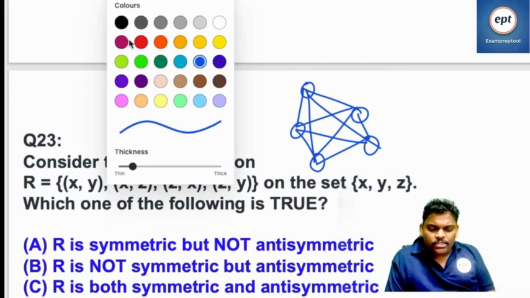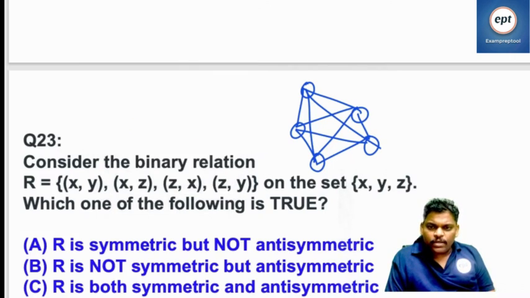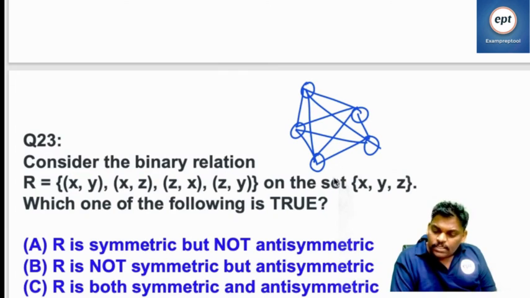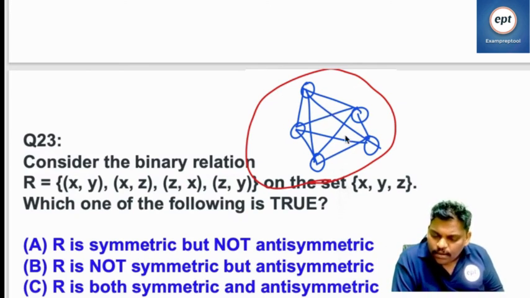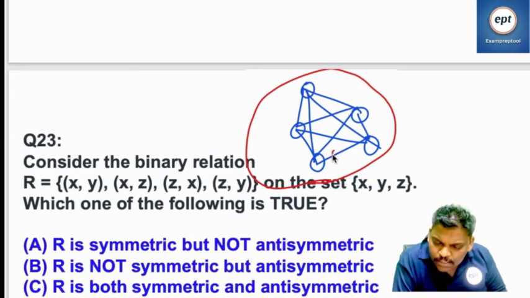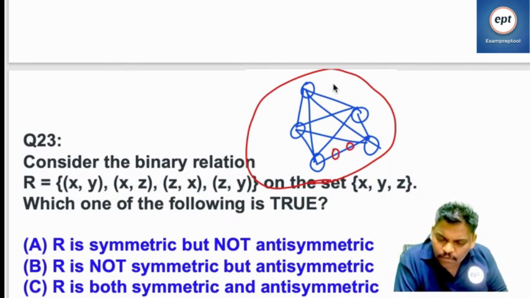See this one. This is called isomorphic. Isomorphic means exactly the same. Homomorphic means some subdivisions are there. One edge becomes more edges. Same structure, one edge becomes more edges.